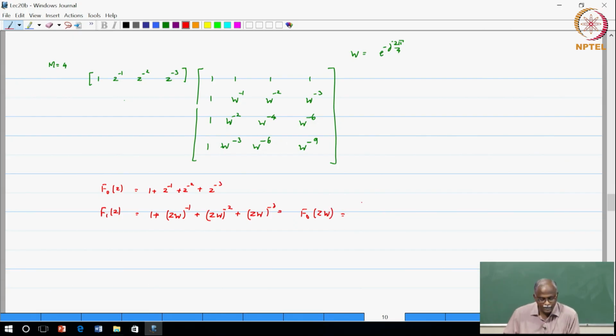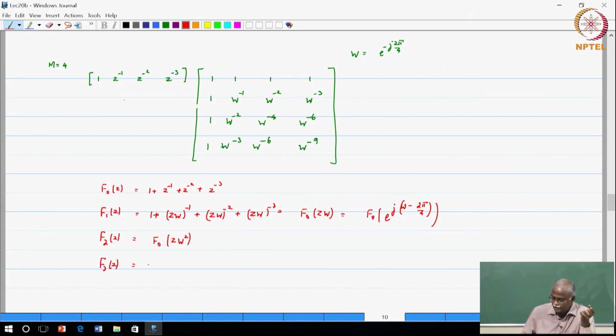This is the same as F naught of e power j omega minus 2 pi over 4, basically shifted by the 2 pi over 4 center frequency. Similarly, you can do the rest. F2 of Z is F naught of ZW squared, and F3 of Z is F naught of ZW cubed.